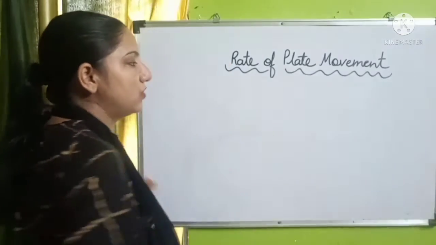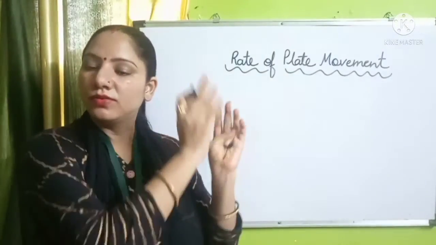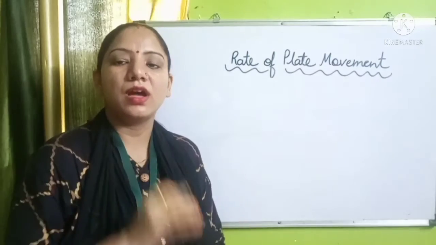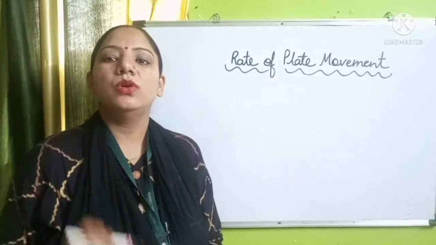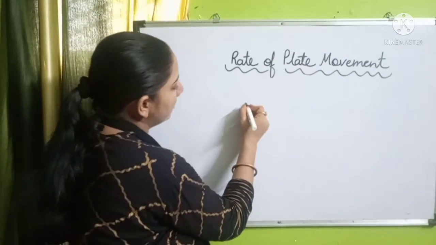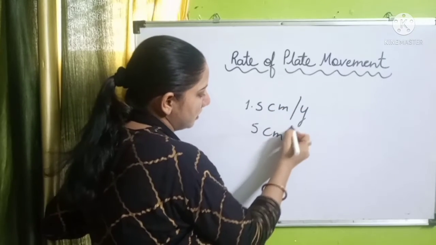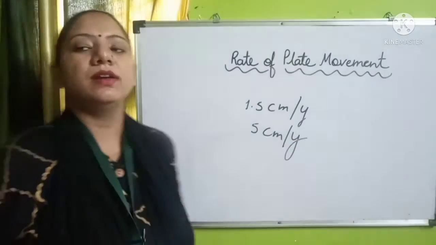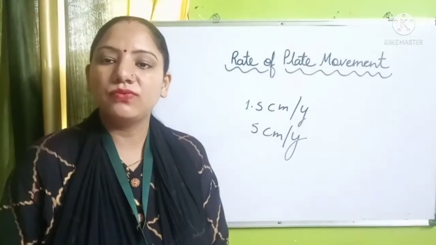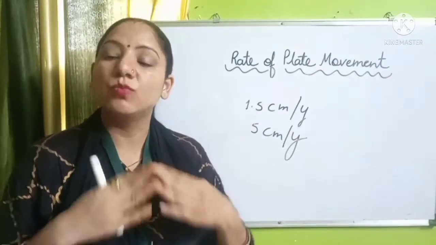But what is the actual rate of movement of the plates? As we have studied many times, since a very long period the Earth has been rotating and the plates above the asthenosphere are also shifting in different directions, and the rate is around 1.5 centimeters per year to 5 centimeters per year, depending on the thickness of the plate and the magnetic field nearby.